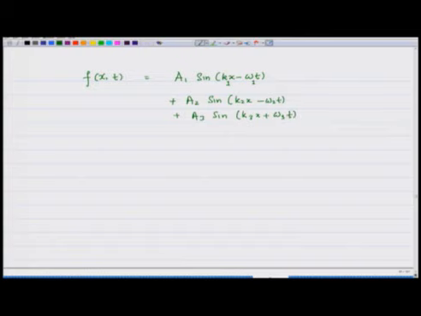It could be of some other form, b 1 cosine of k 4 x plus omega 4 t and so on. So, all these possibilities exist. That net displacement is going to be a sum of all these.